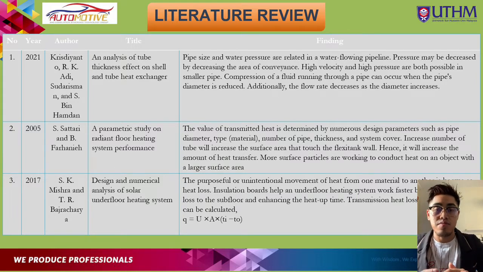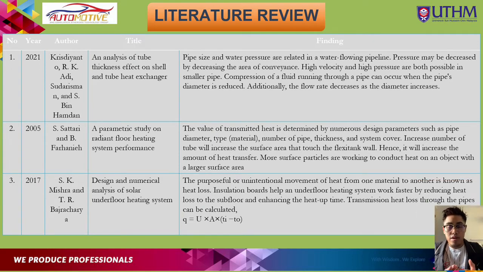So di sini menyatakan bahawa thickness yang lebih nipis adalah lebih baik bagi heat transfer. Kalau diameter pula adalah kerana bila diameter lebih lebar, untuk bersentuhan antara haba itu berkurangan. So dia menjadi lebih lambat untuk panas.